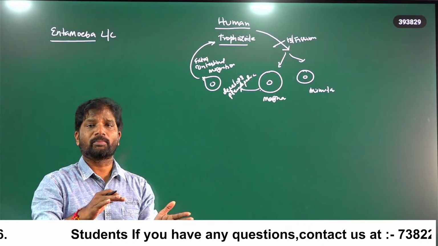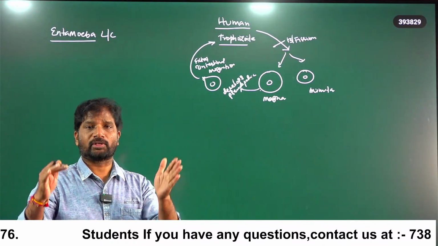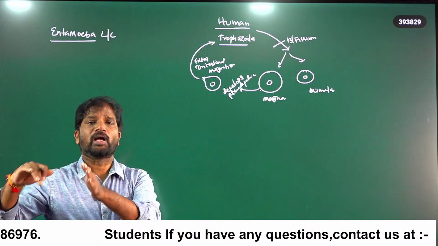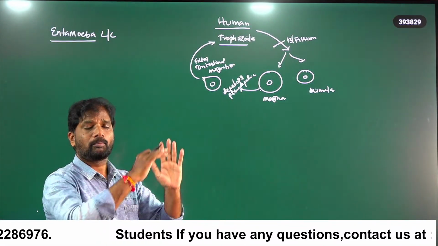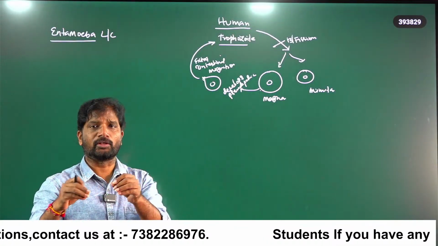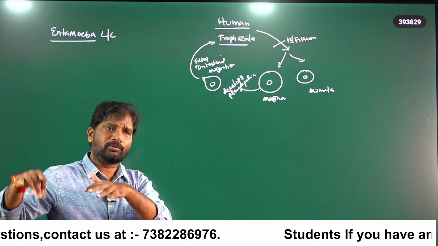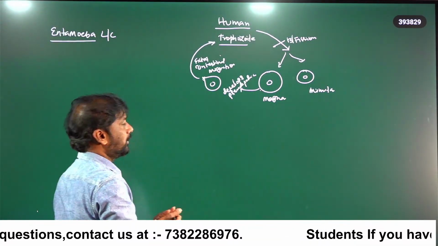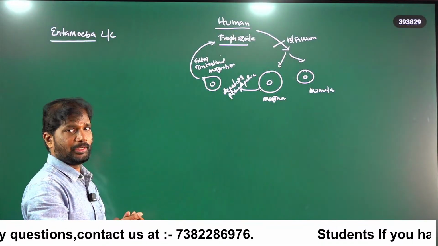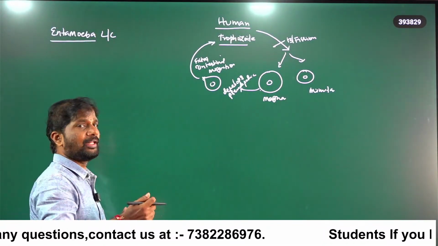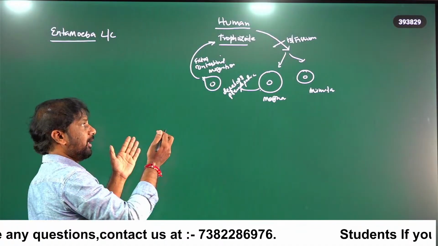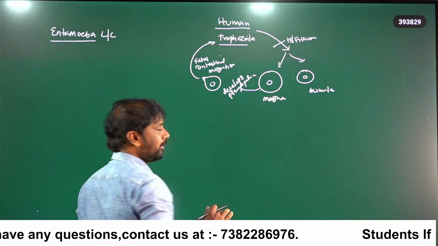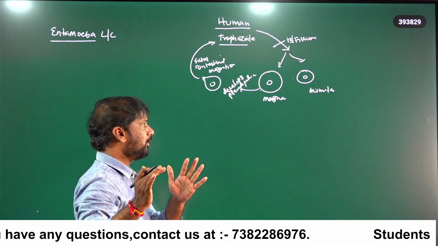This is nothing but known as the extra-intestinal migration. It leaves the large intestine and enters into the different body organs, so the different organs have this trophozoite form. Other than the intestine, the other organs also have that trophozoite form. So here is the brief information on the magna form.